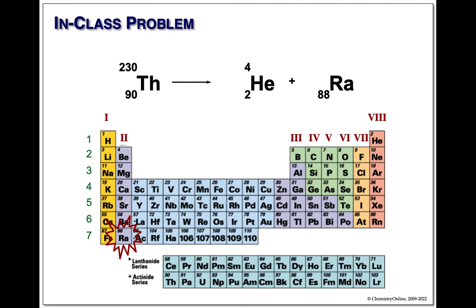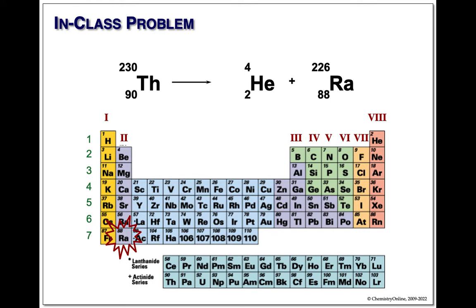Our mass number started at 230. We lost 4. We are at 226. We started with thorium-230, wound up with radium-226. Balanced nuclear equation. Any questions?